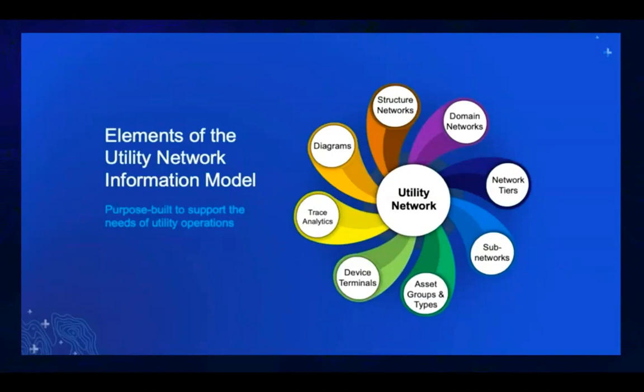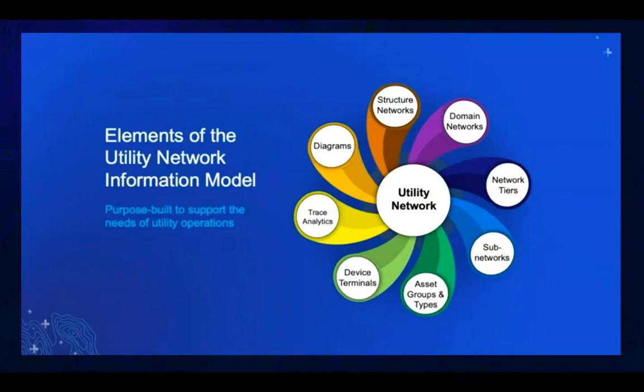Now, these elements that you see here are kind of like pillars that put together, that hold up the utility network. At the top, we have the structure network. The structure network is anything outside of the actual utility that's being conducted.